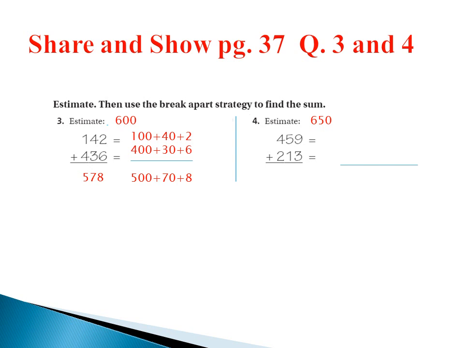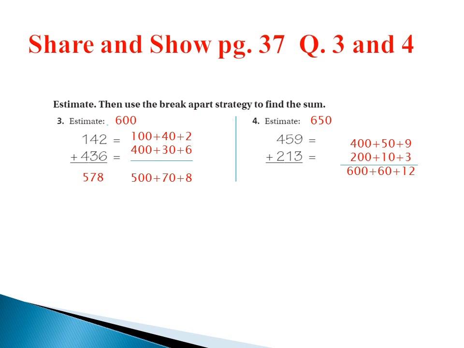Let's break apart 459 equal 400 plus 50 plus 9. 213 equal 200 plus 10 plus 3. Add each place value. Let's start with the ones. 9 plus 3 equal 12. 50 plus 10 equals 60. 400 plus 200 equals 600.